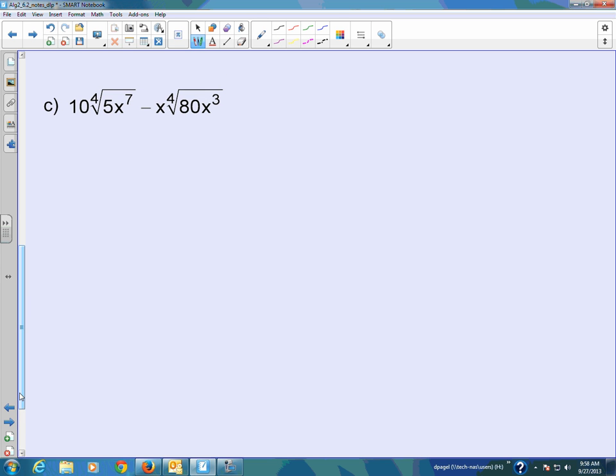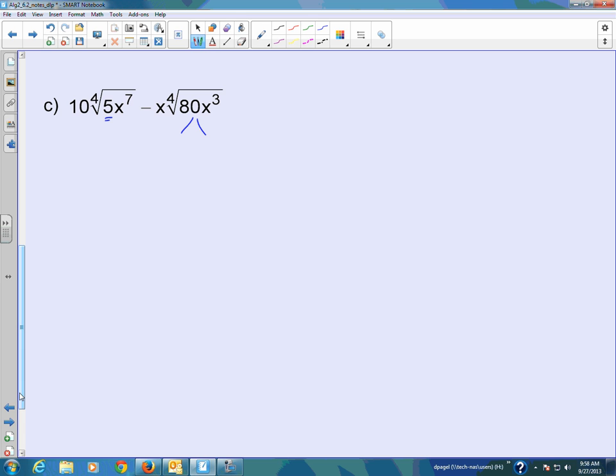Right. And then here, both of them are fourth roots. However, they're not the same. So prime, I'd love to take this 80 and break it into some stuff I can work with. And I'm going to try and do the same thing with my exponent.